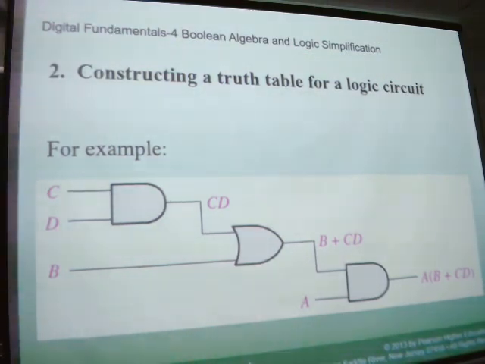This is the other method, the second kind of method to constructing all truth tables.